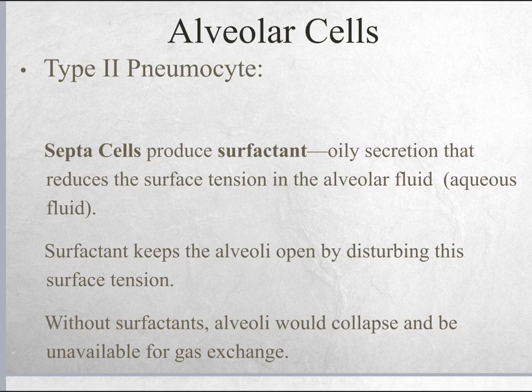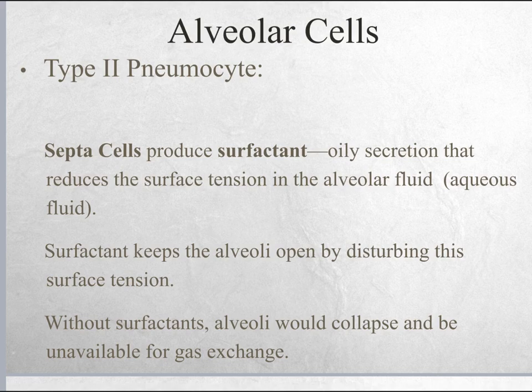When we breathe in and breathe out, these alveoli expand and contract a little bit, and they can collapse on each other. So to prevent them from sticking together, these type 2 septal cells, these type 2 pneumocytes, produce this oily secretion, again, to prevent these alveoli from sticking together.